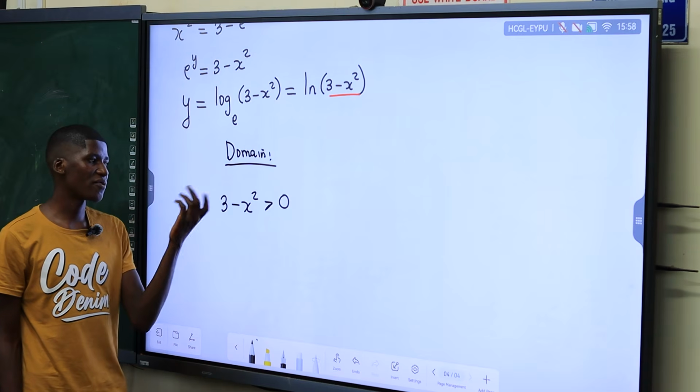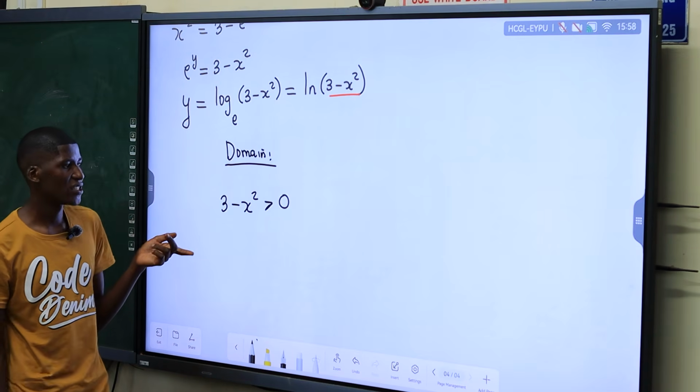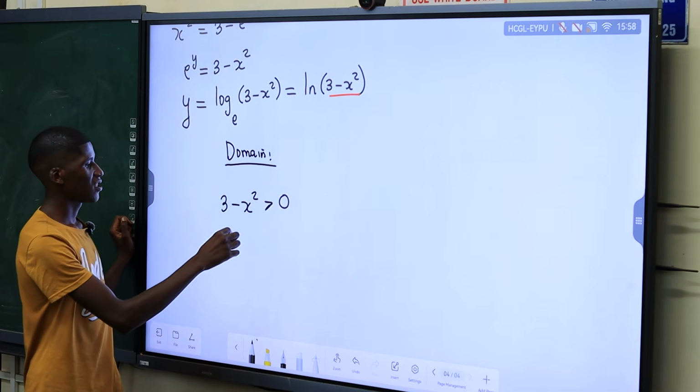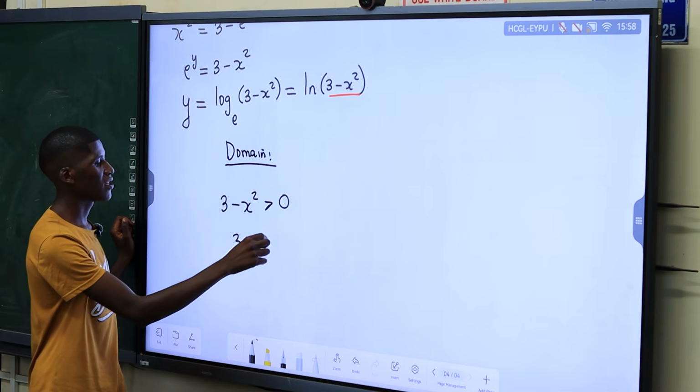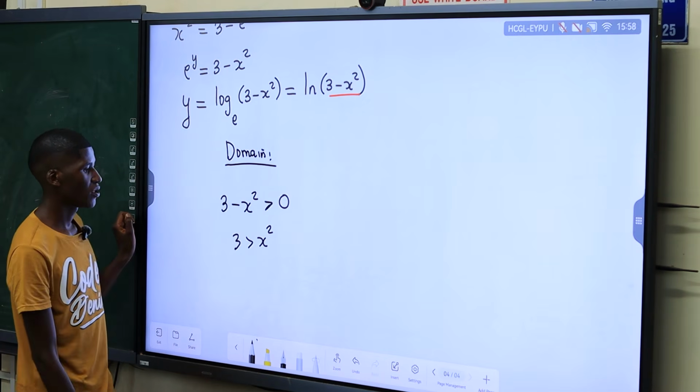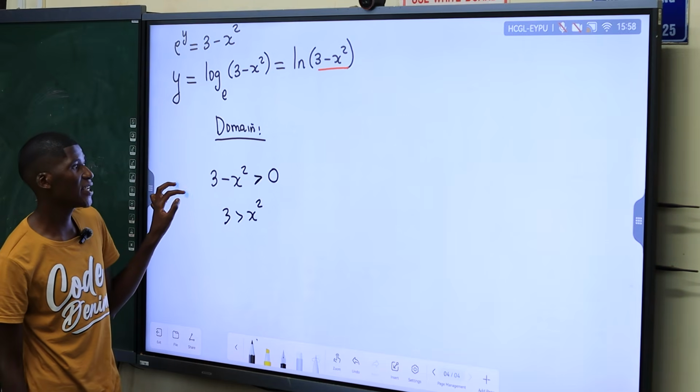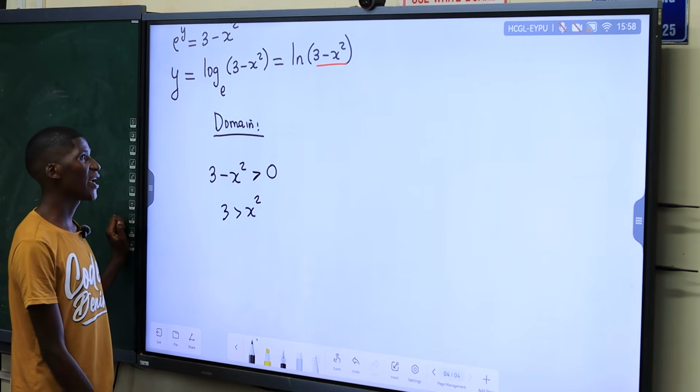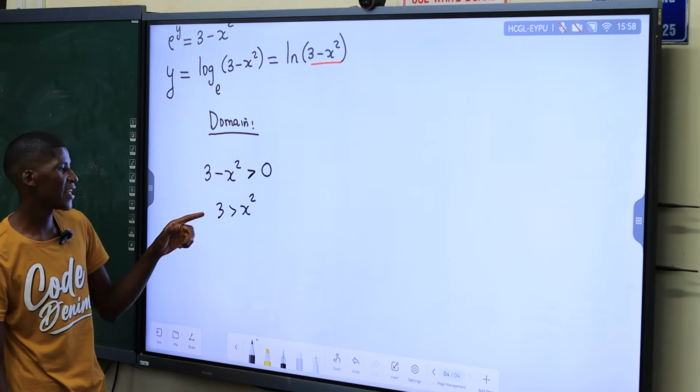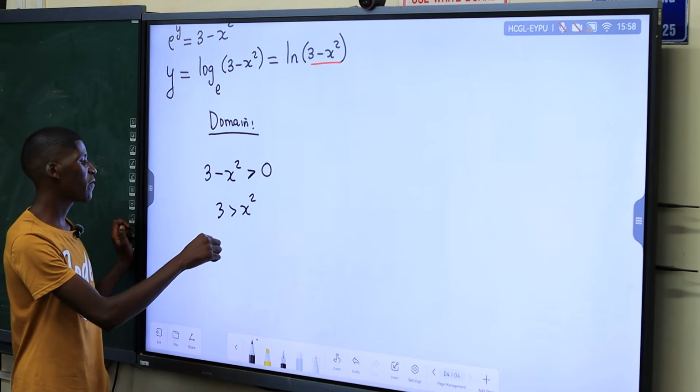And then from here you can find x. So 3 must be greater than x squared, such that your x value must be what? The square root of 3.